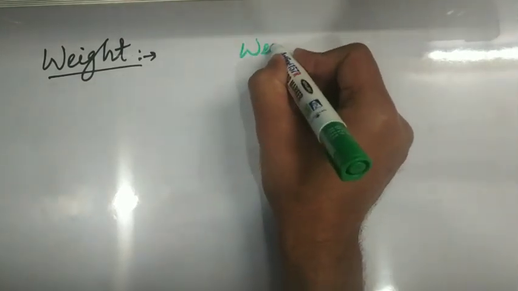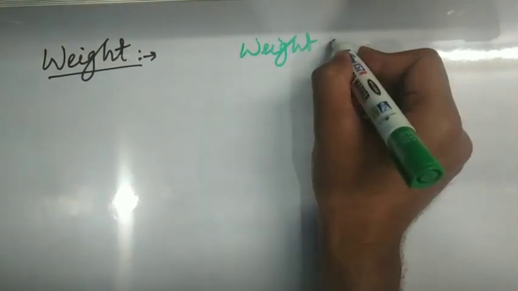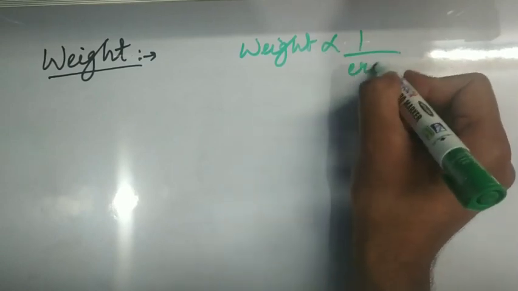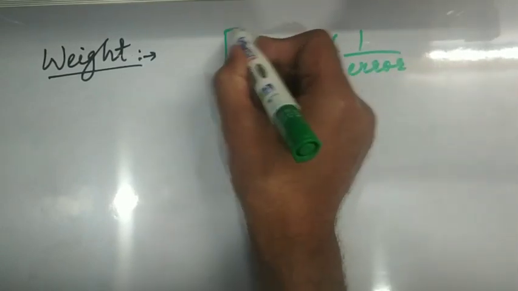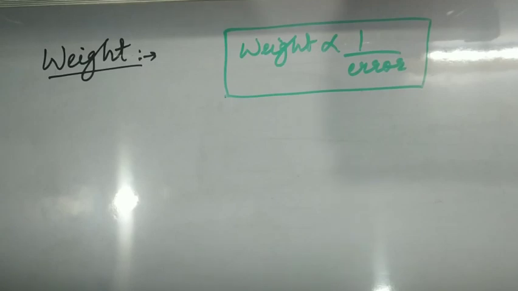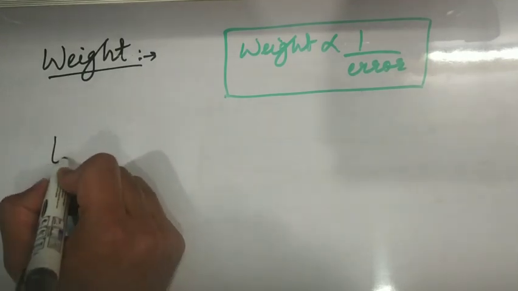And numerically, the relation between weight and error is inverse. So weight is inversely proportional to error. Now we will move on to the laws of weights.